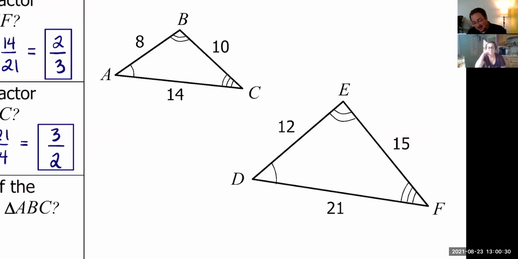That's how a valid similarity statement is made. If I'm given that similarity statement, I can then assume that that is in fact the case. The first angles should correspond, the second angles should correspond, and the last angles should correspond. Does that answer your question? Awesome.